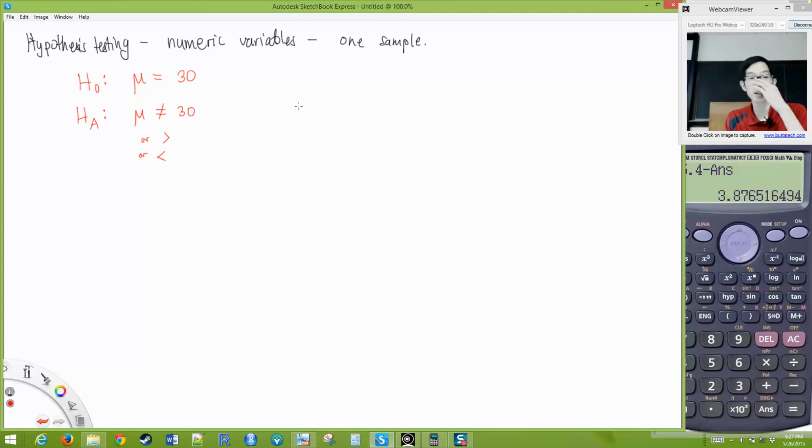So the null hypothesis always has an equal sign.